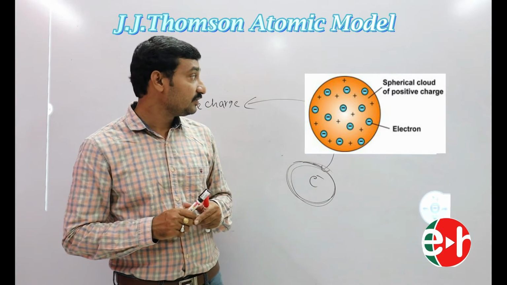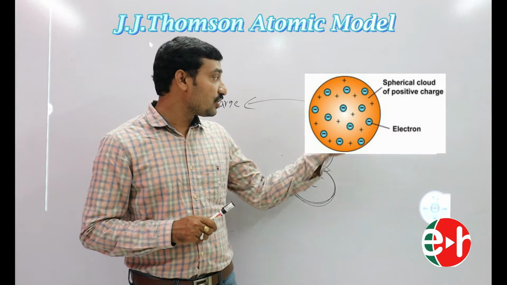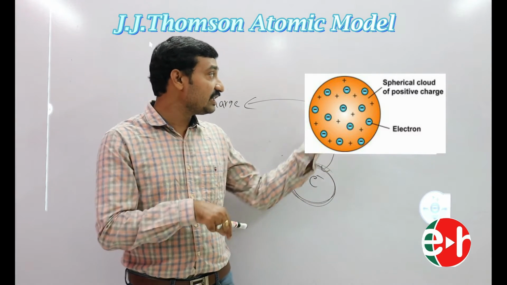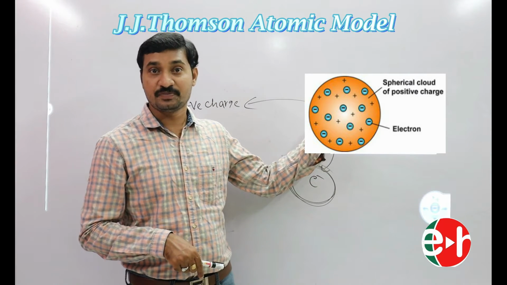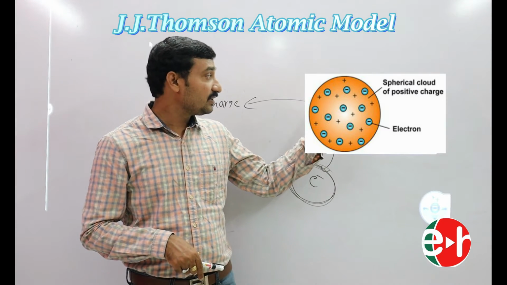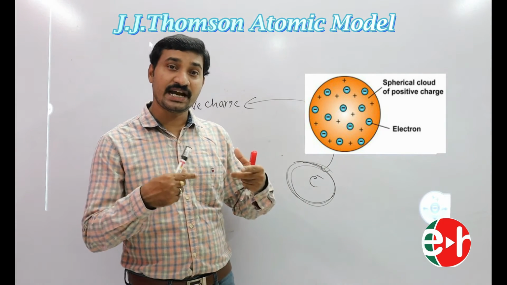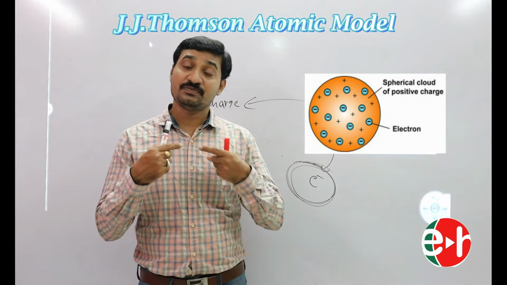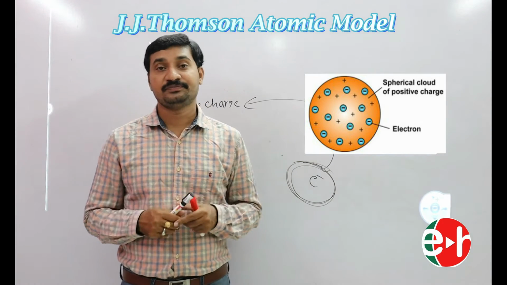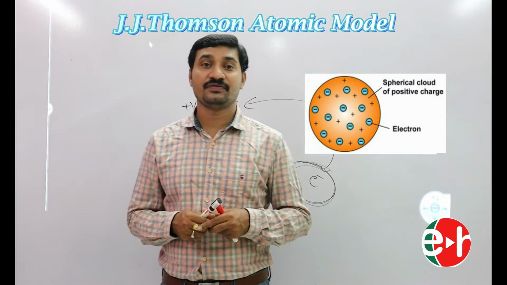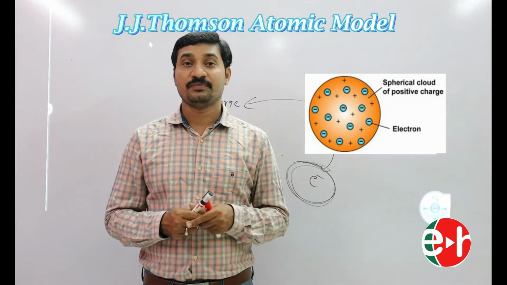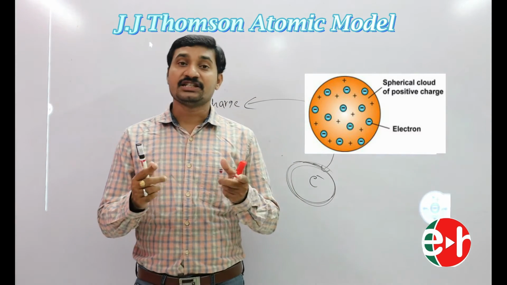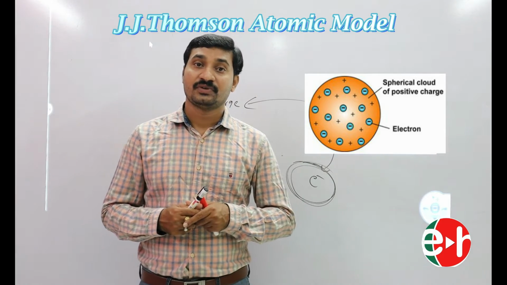J.J. Thomson said the negatively charged electrons are present in the positively charged sphere. But if both positive charge and negative charge stay together, then the atom must collapse, but atoms are stable. So these are the drawbacks of the J.J. Thomson model. Hence, this model failed.